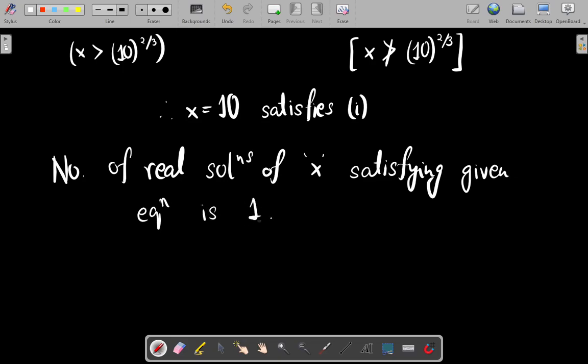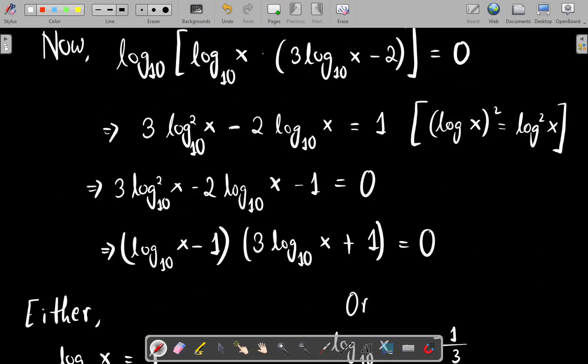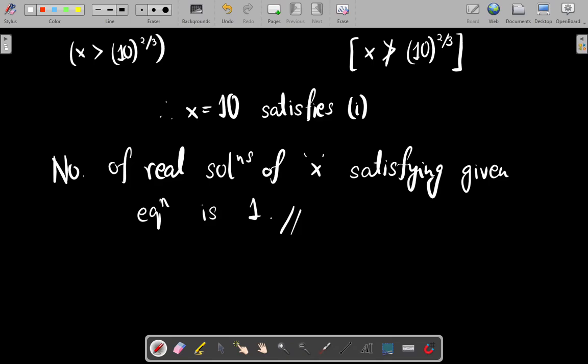This is the only solution we have which satisfies this equation, and we were asked to find the number of solutions, not the value of the solution. We were not asked to find the root, we were asked to find the number of roots. So the number of roots is 1, and this is the required answer.